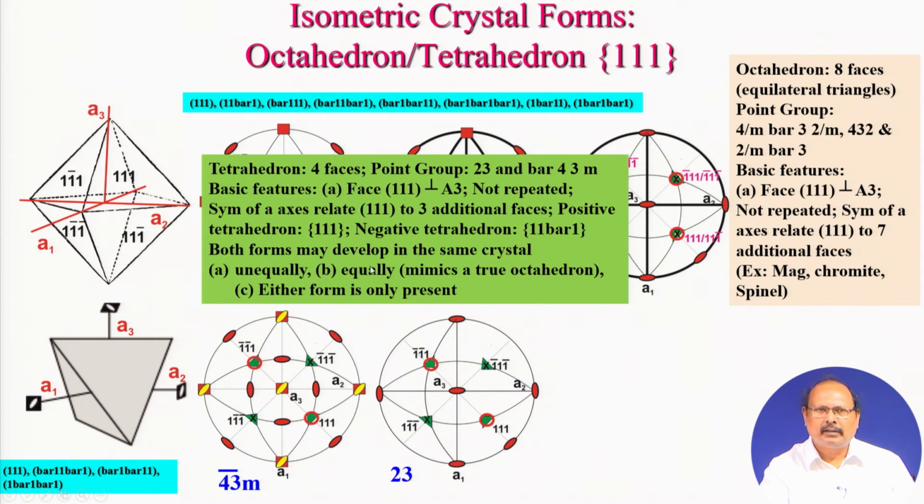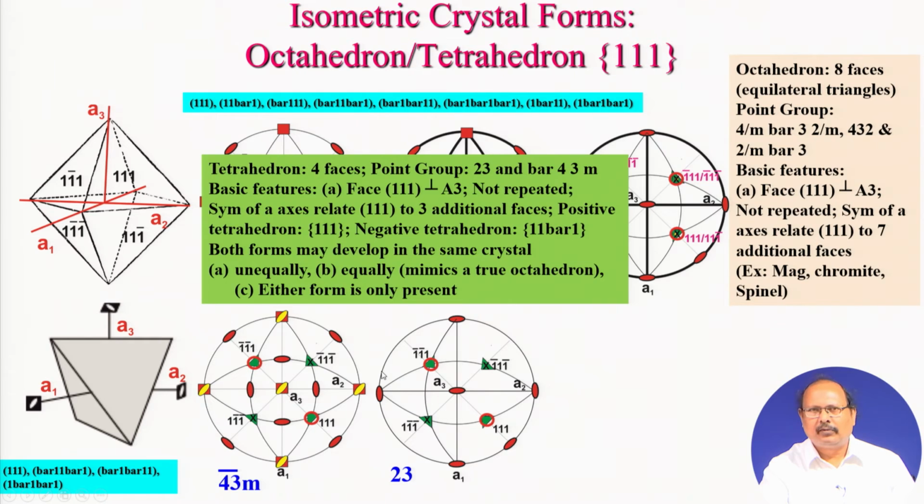The other possibility is that both forms are developed equally and they mimic a true octahedron here, and the other possibility is that only either of the two is present in a crystal, either a positive tetrahedron or a negative tetrahedron here.